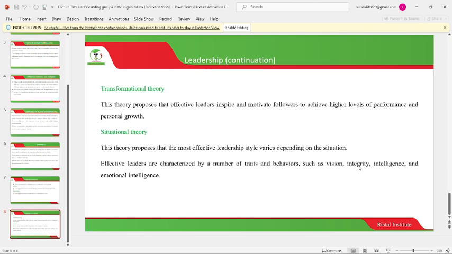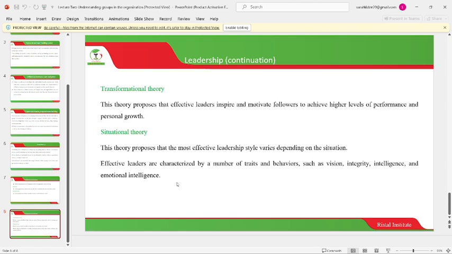Effective leaders have a high level of cognitive ability that allows them to analyze complex situations, solve problems, and make sound judgments. They are also open to learning new things and seeking feedback to improve themselves and their performance. So that is intelligence.